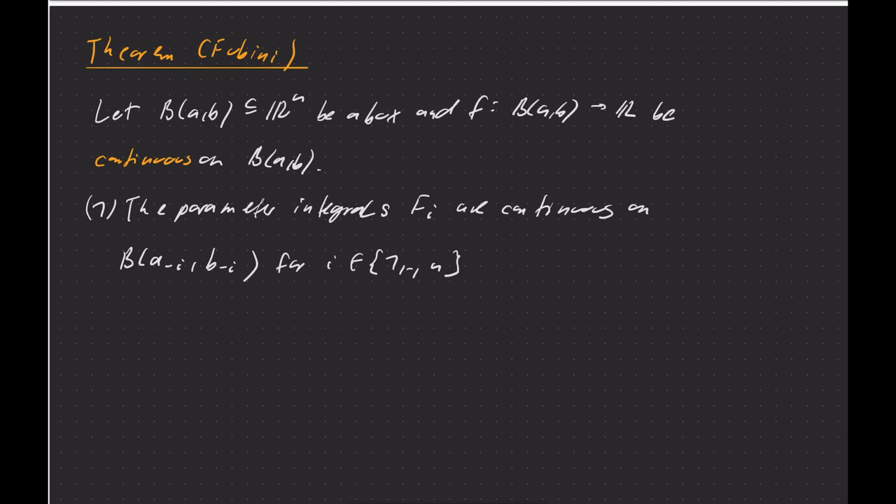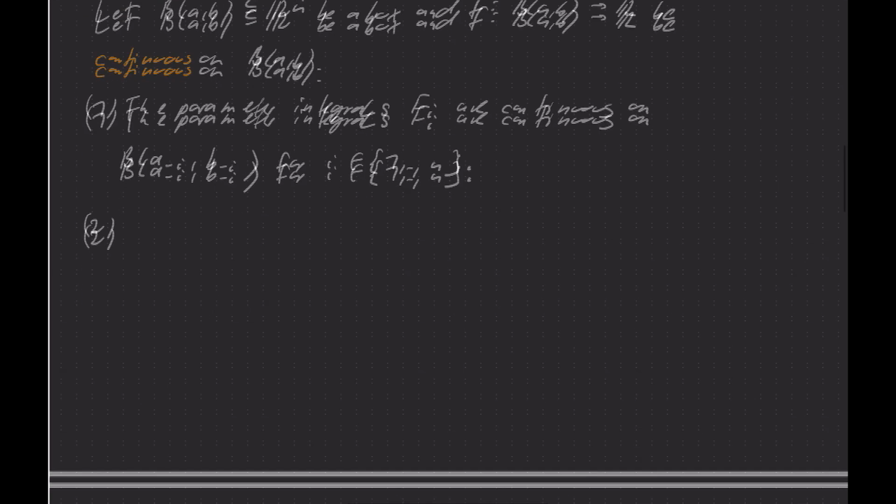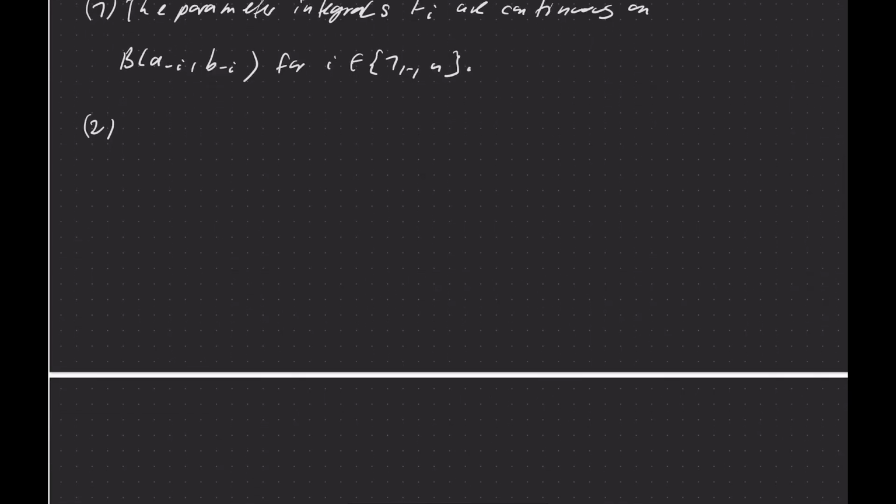Fubini's theorem will hold because the function we put into the integral is continuous again. So that whole process can be repeated. And the center of the theorem is now that second statement that says it doesn't matter in which order we apply these parameter integrals. Whatever order we choose is fine and will yield the correct result, namely the actual integral of f over the box. And to express that, we'll need a permutation of the indices to express that order.